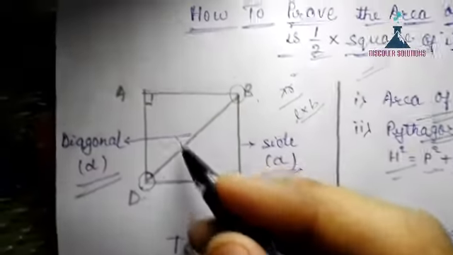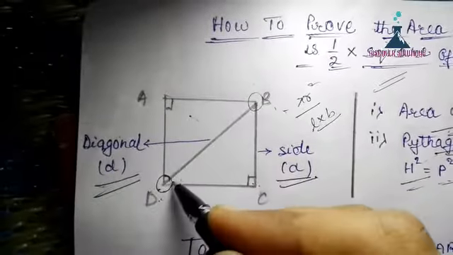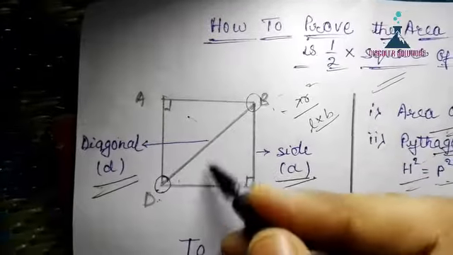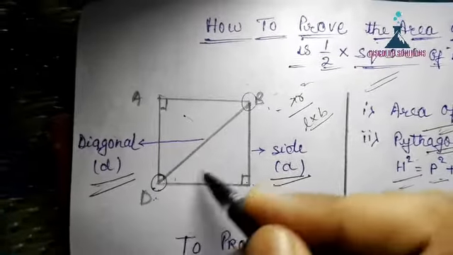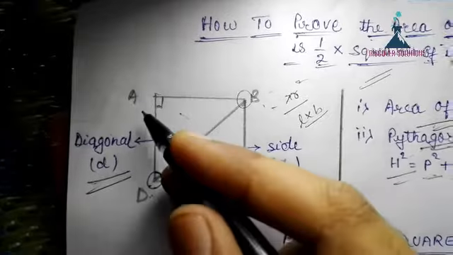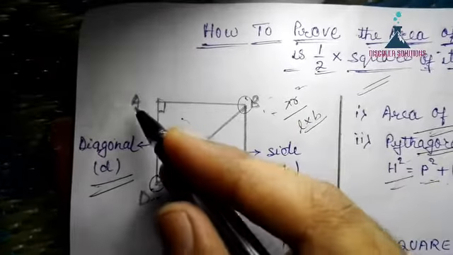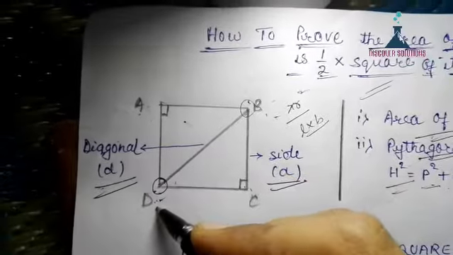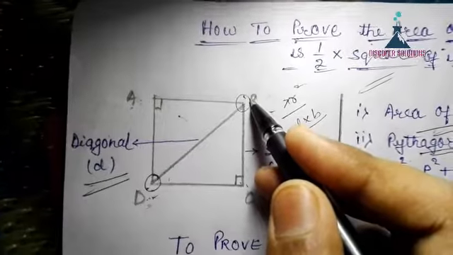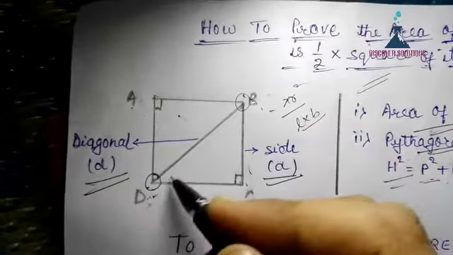So that we can see, friends, here ABCD is a square and BD is a diagonal. So it divides the square ABCD into two equal triangles, that is ADB and BCD. So its area becomes equal to the sum of the triangle ABD and the triangle BCD.